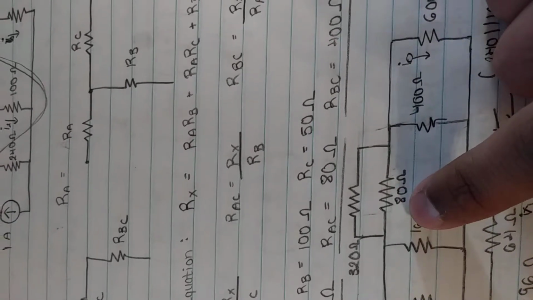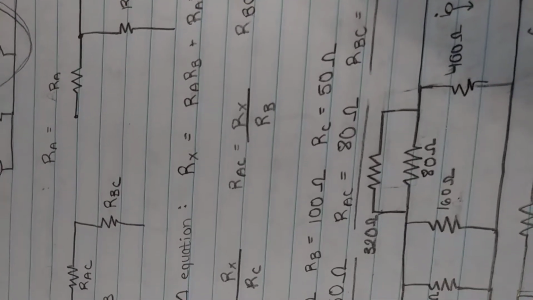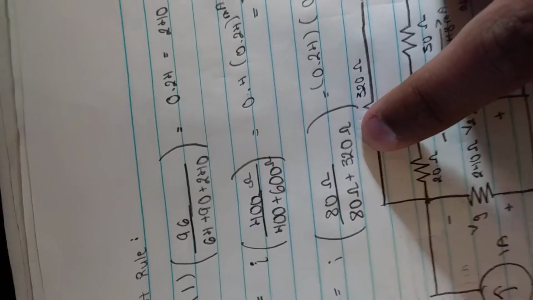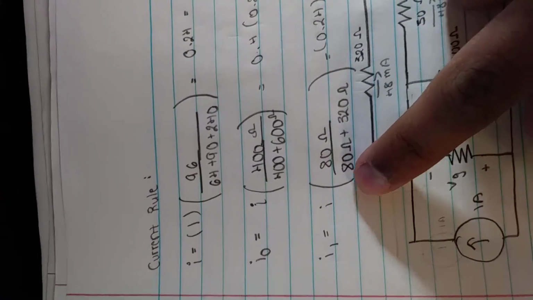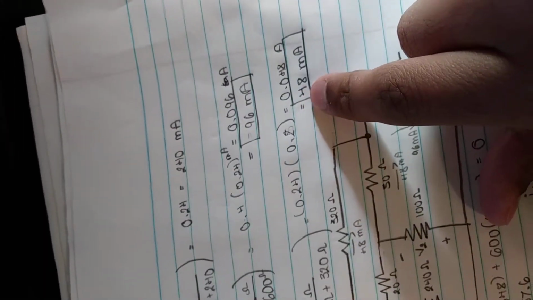Again, you can just use the current rule, which would be 80 divided by 320 plus 80. Multiply that by the I we calculated that goes through those two resistors, which is 0.24, and you would get 48 milliamps.